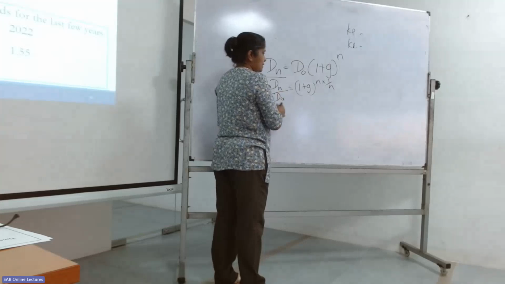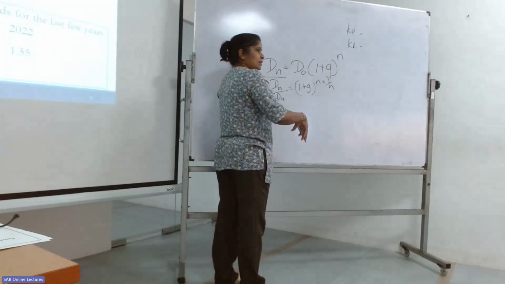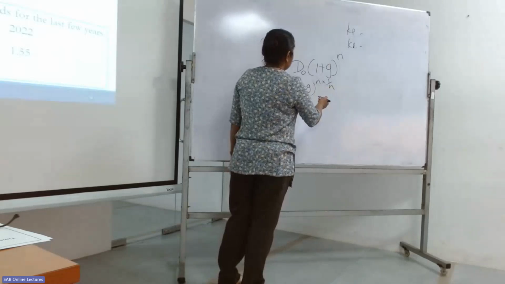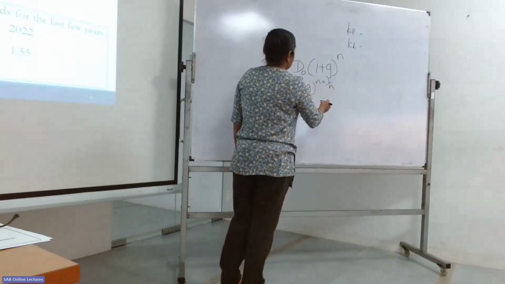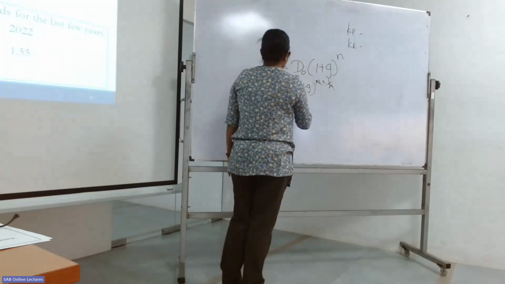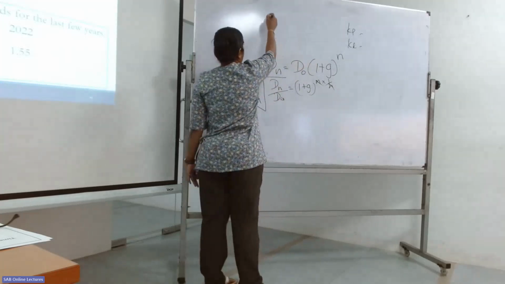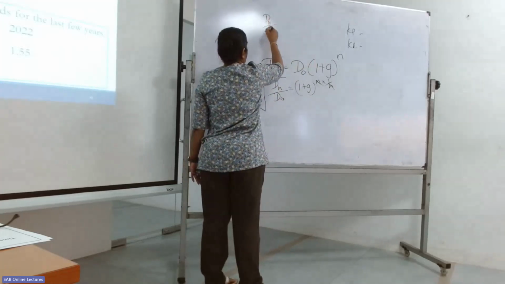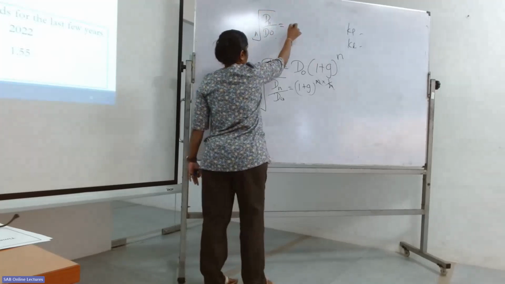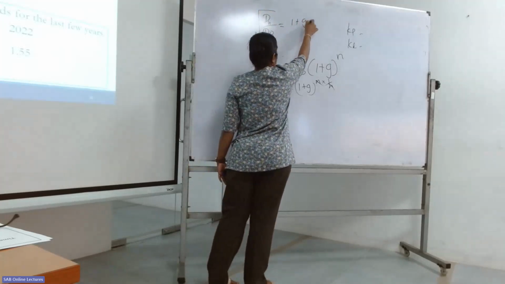Dn divided by D0 to the power 1 over n, not the normal square root, is equal to 1 plus growth rate.